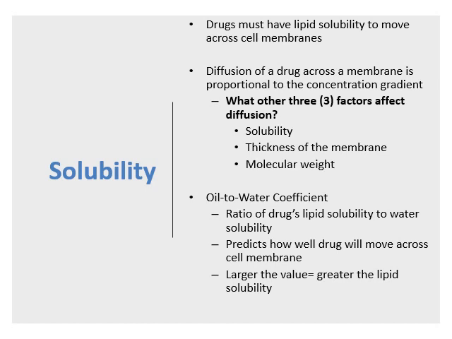Okay, so diffusion of a drug across the membrane is proportional to the concentration gradient. It is also affected by solubility, thickness of the membrane, and molecular weight. So as you learn your basics of anesthesia and your physics and your gas laws, these three factors represent Fick's law of diffusion, okay? And you'll learn a lot about that when we talk about the volatiles.